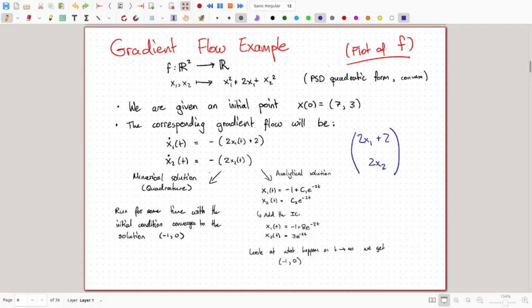In order to actually run the flow forwards from our initial point, we can either solve the ODE numerically using quadrature, or we could actually analytically solve this ODE, since it's quite simple. It's like affine linear.